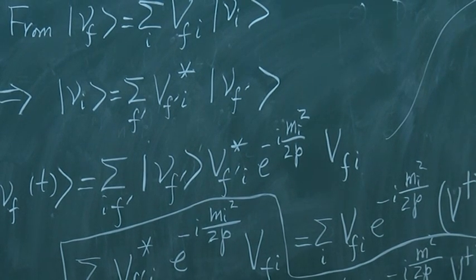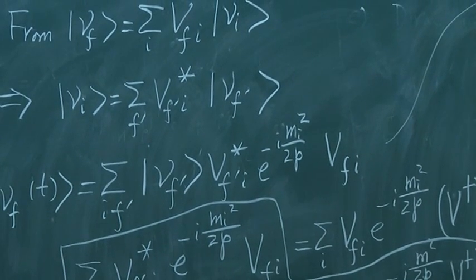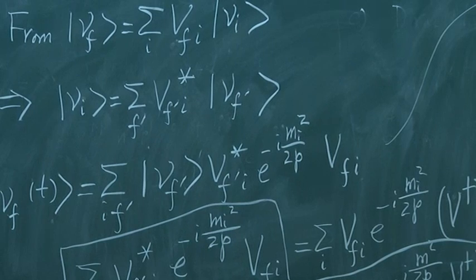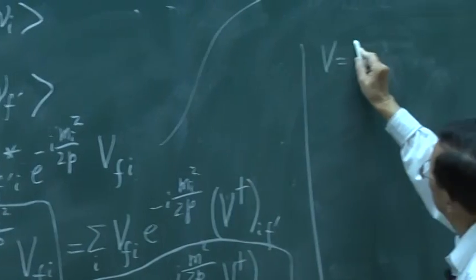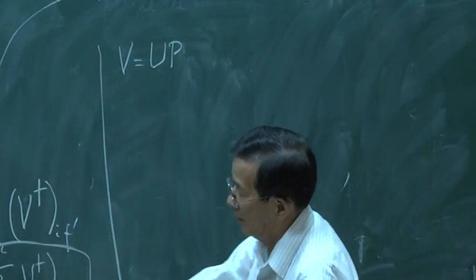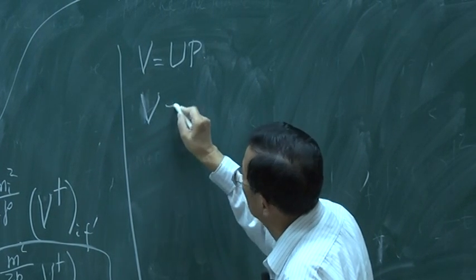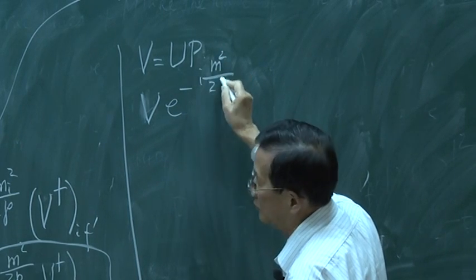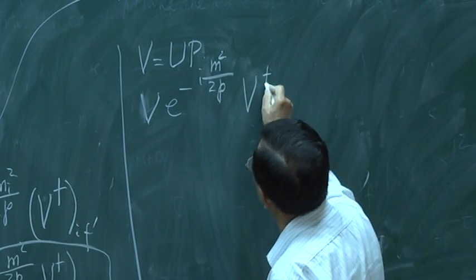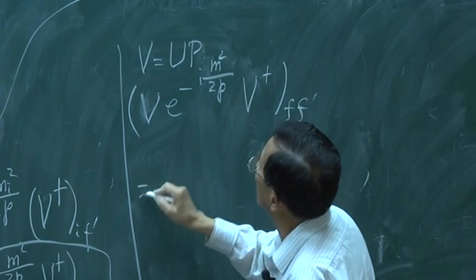You see that if I put V equal to U times P, then this combination becomes V P minus i m squared divided by 2p, P V diagonal. And I put this in here.